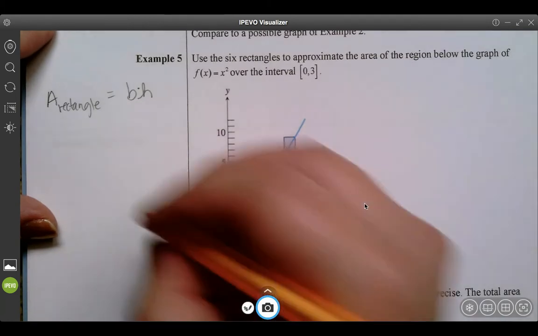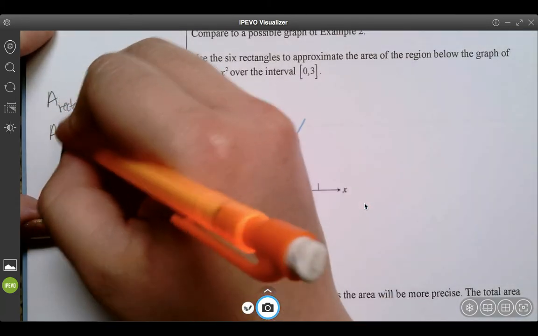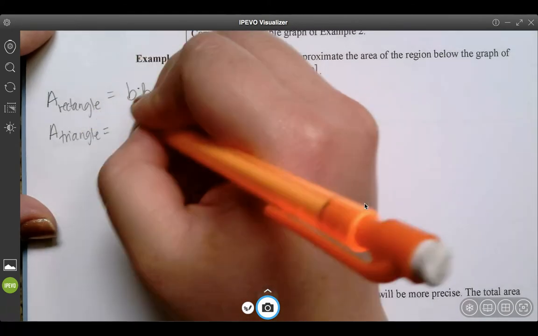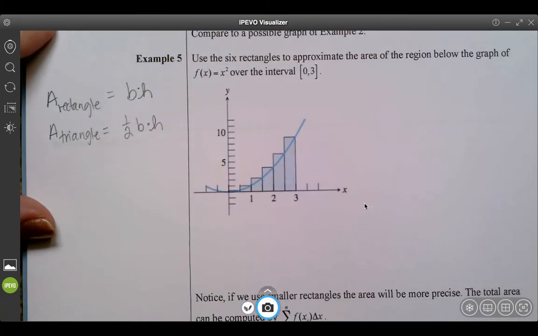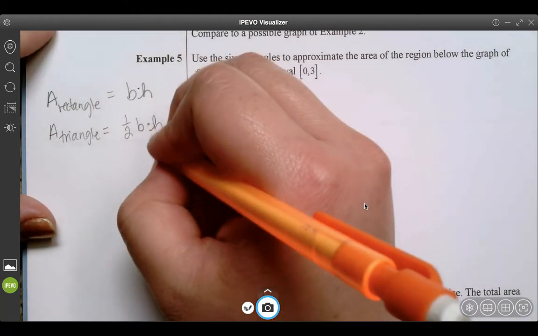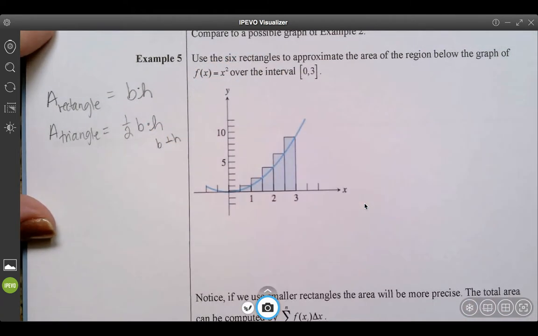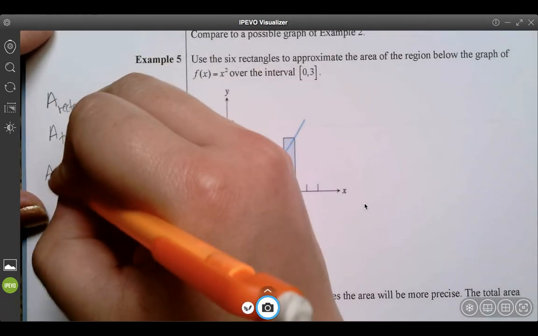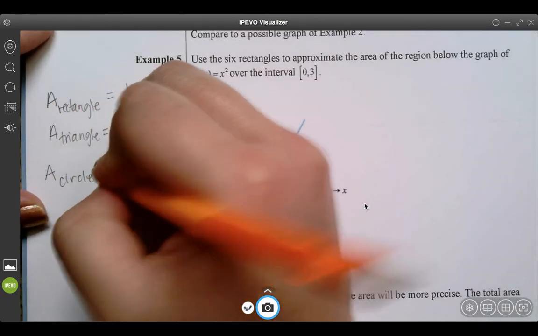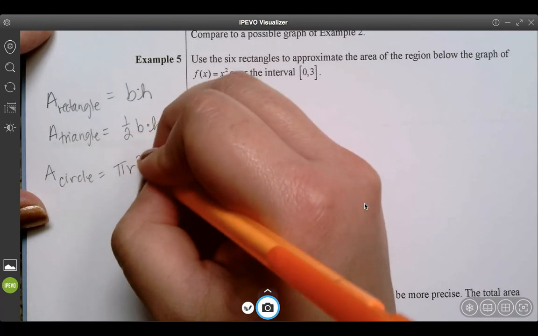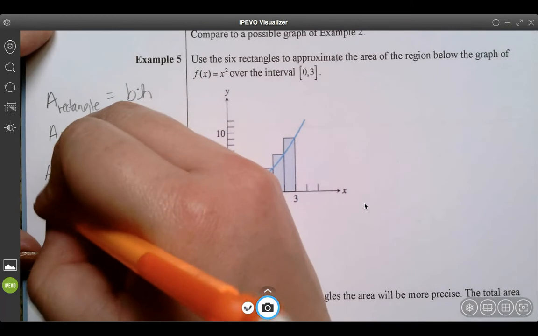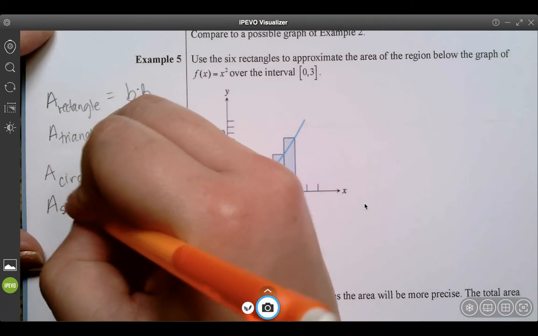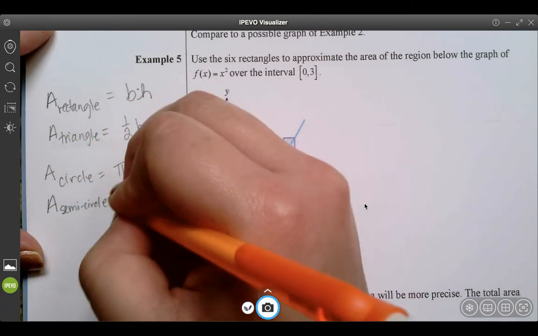We know that the area of a triangle is 1/2 of that, 1/2 base times height, and the base and height have to be perpendicular. We also know that the area of a circle is pi r squared, and so the area of a semicircle would just be 1/2 of that.